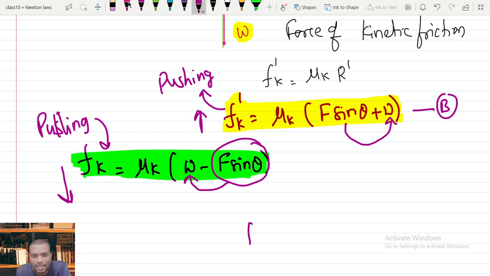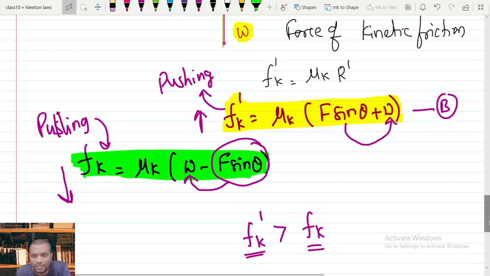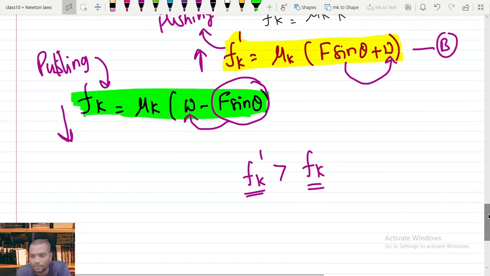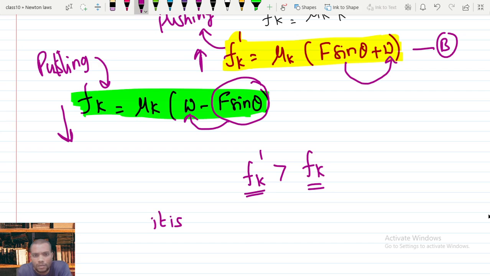So we can say that F_k dash is greater than F_k. The kinetic friction in pushing is greater than in pulling, so we can say it is easy to pull than to push.